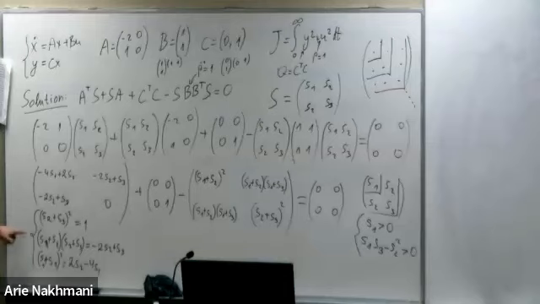Because, for example, if S2 plus S3 squared equals 1, then S2 plus S3 might be plus 1 or minus 1. That's it. These are the options, right? Because this is the square root of 1, which might be plus 1 or minus 1, because minus 1 squared or 1 squared will be equal to 1. So the solution of that one is practically S2 plus S3 equals plus or minus 1.